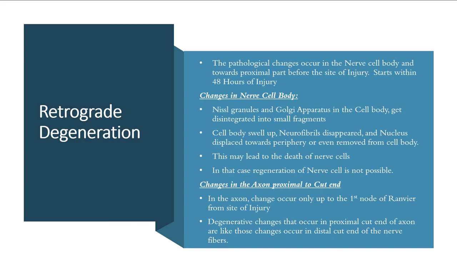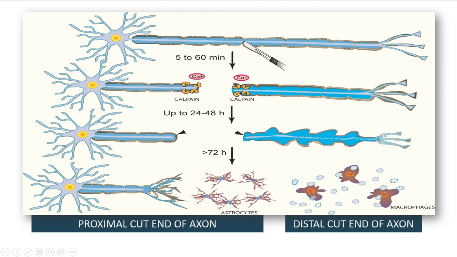Another type of degeneration is retrograde regeneration. In this picture you can see the cut. If the damage occurs to this part where I am moving the mouse, the distal part, this is known as Wallerian degeneration. And if the damage or pathological changes occur in the forefront part, this is known as retrograde degeneration.